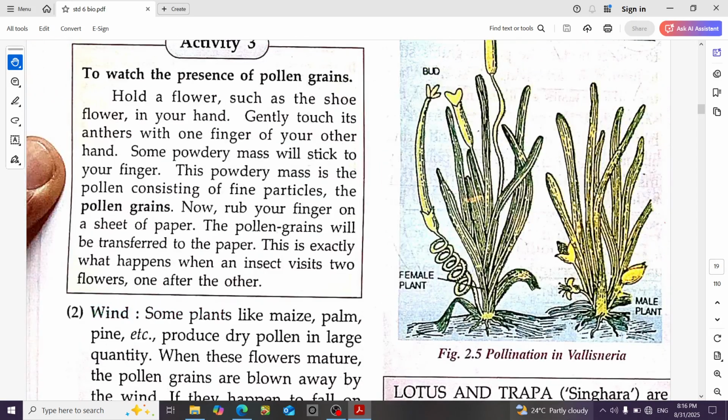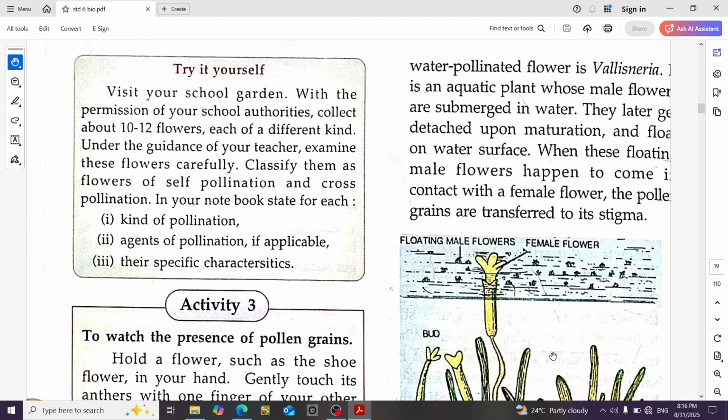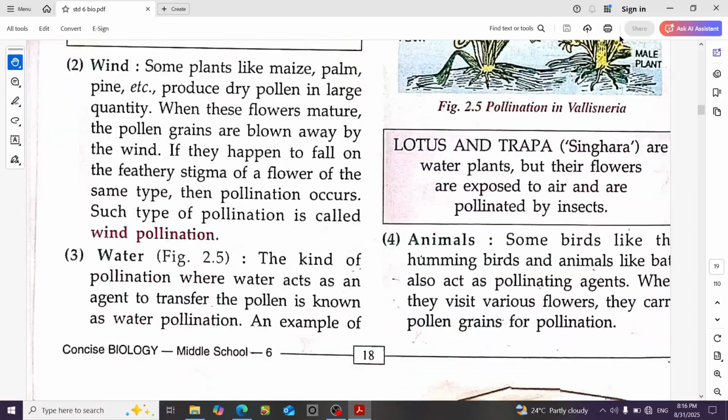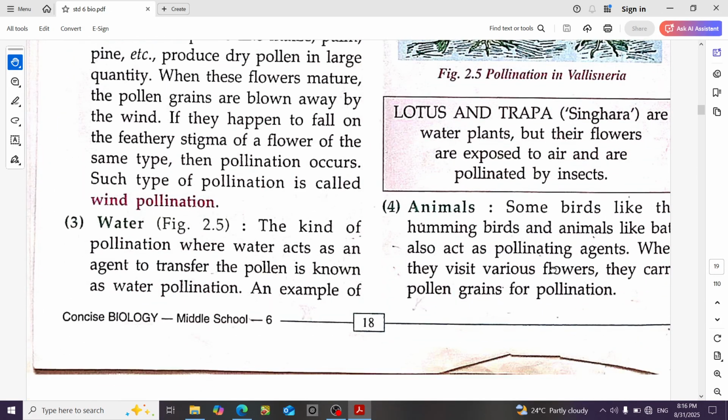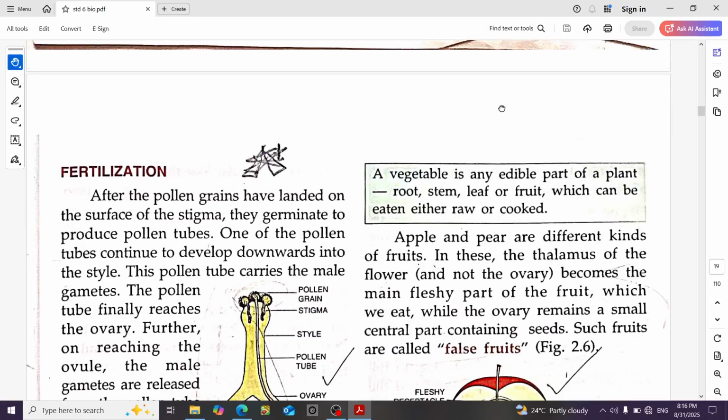Of course, we are talking of the plants which are inside the water. So here they have shown us. Now lotus and trapa are the water plants, but the flowers are exposed to air and they're pollinated by insects. Now some birds and animals can also act as pollinating agents.